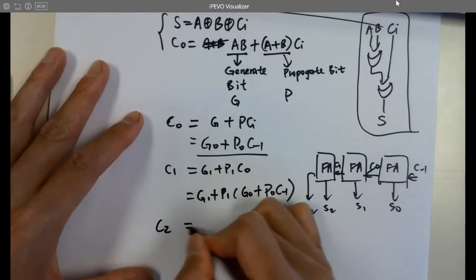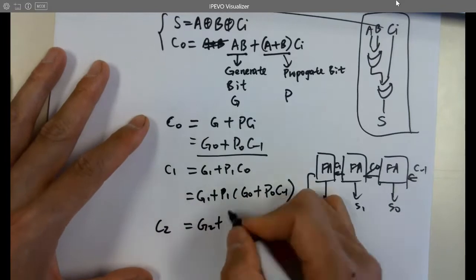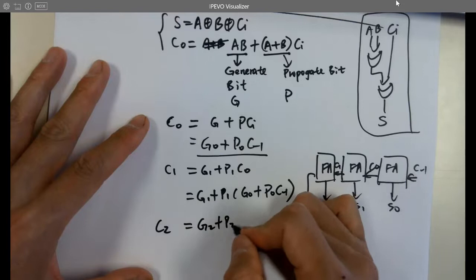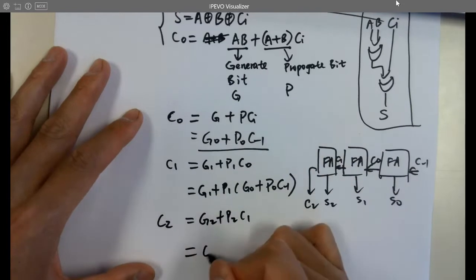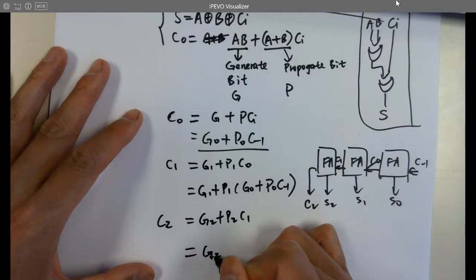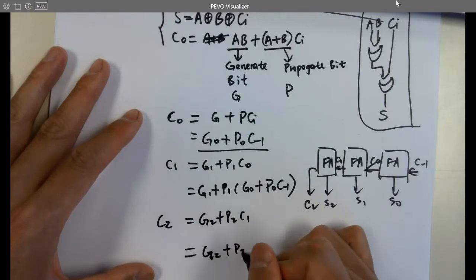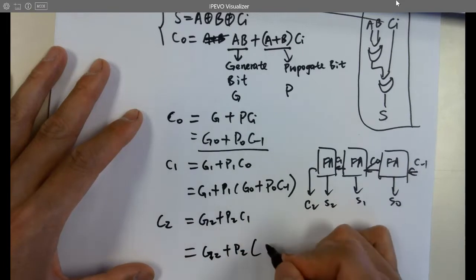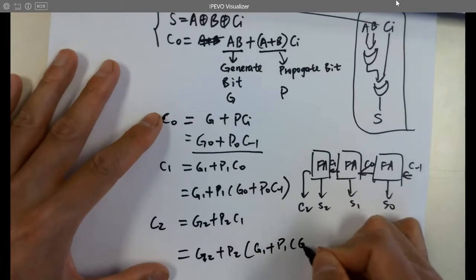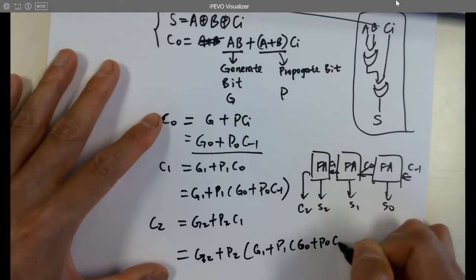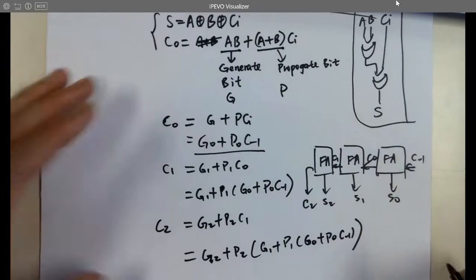C2 is G2 or P2 C1, right? And C1 is this whole thing here, G2 or P2, G1 or P1, G0 or P0 C minus 1, like that.